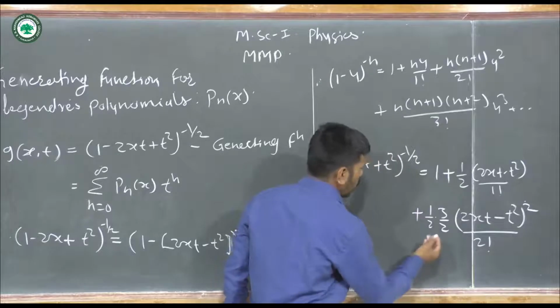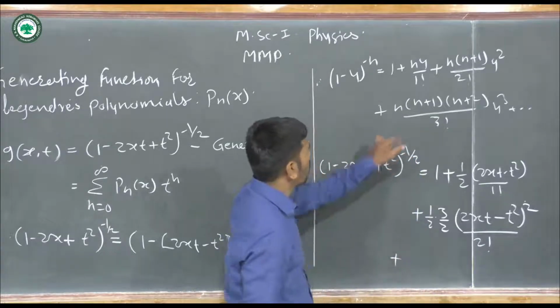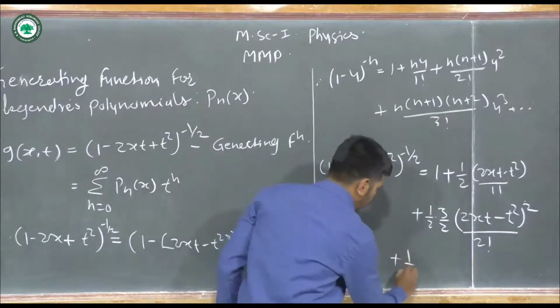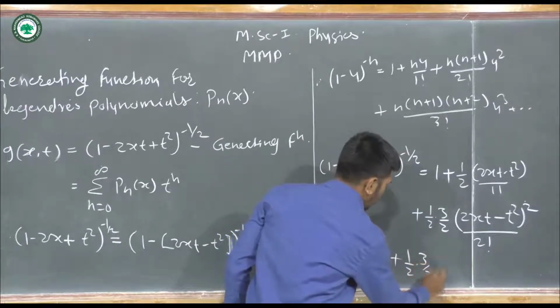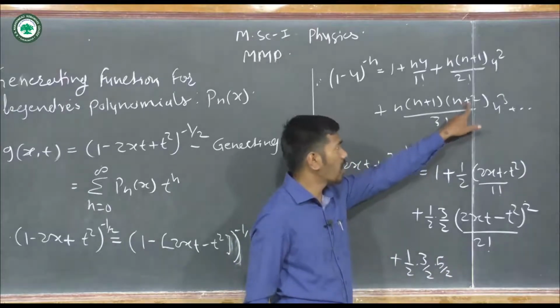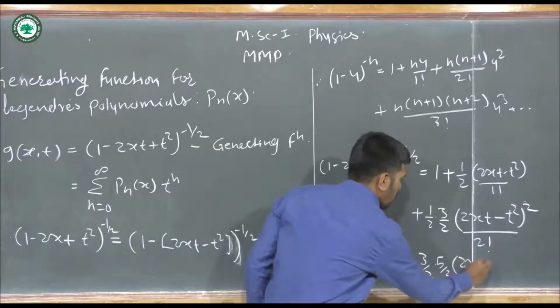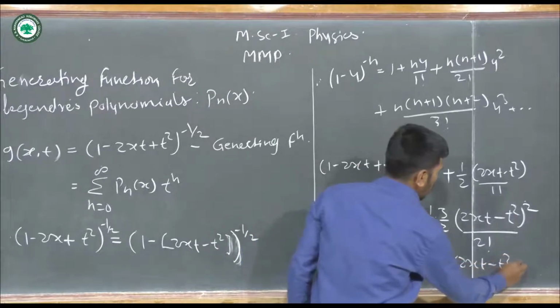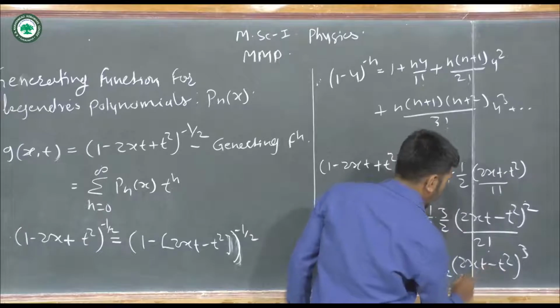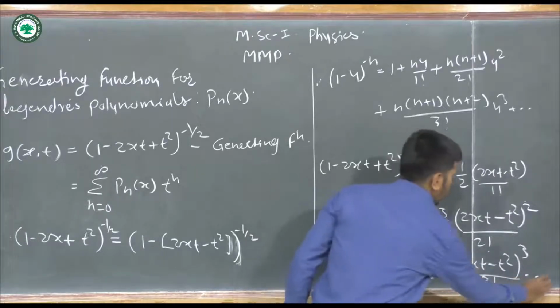And for the fourth term, it is half into 3 by 2 into 5 by 2, because for n plus 2 it is half plus 2, equal to 5 by 2, into (2xt minus t square) bracket cube divided by 3 factorial, and so on.